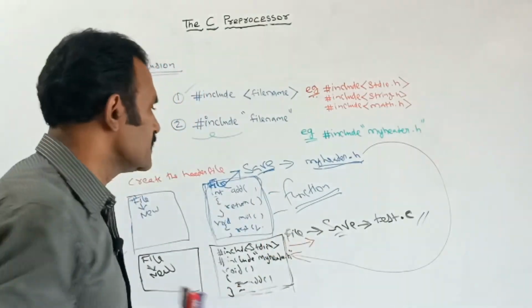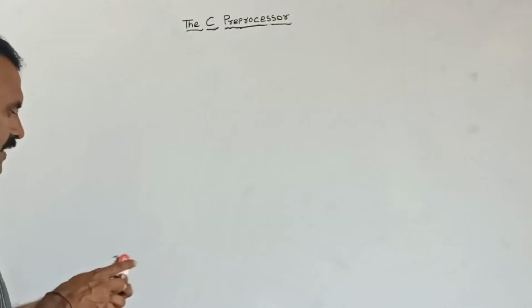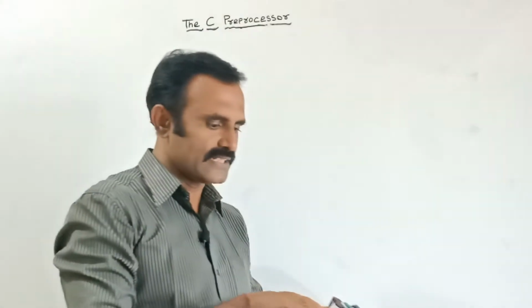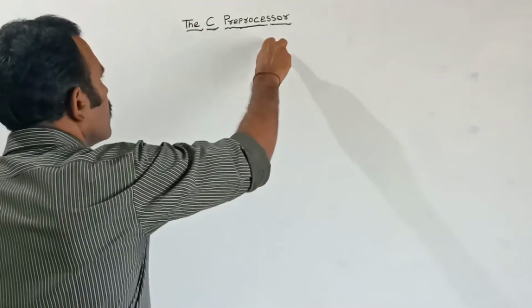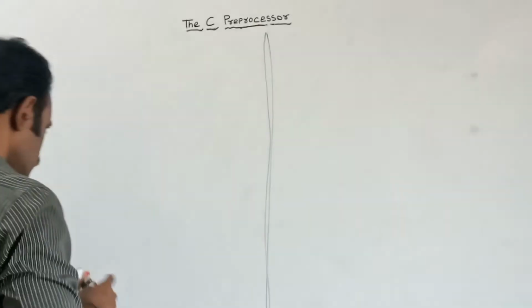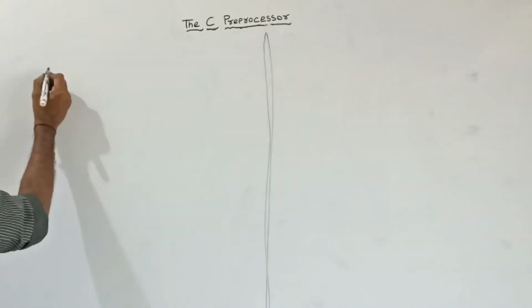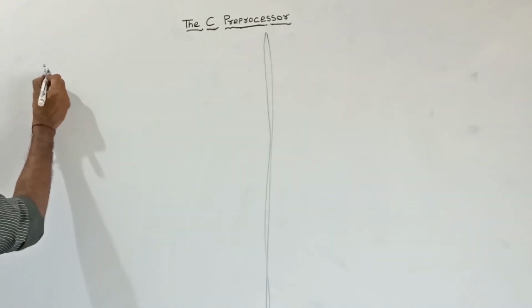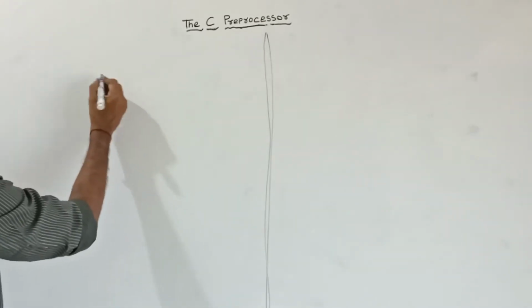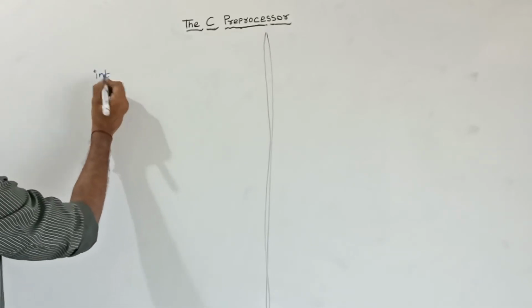Now let us see this example. Here I am going to create two files in total. I am going to create the first file and write two functions. The first function has a return type, so I give the return type as integer.